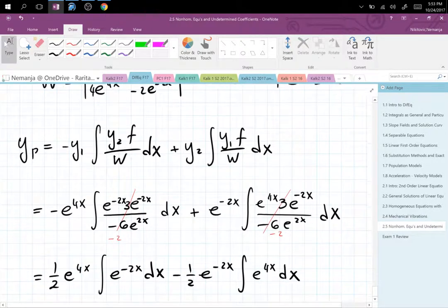All right. So now they all cancel in the second one. I have nothing in the second one because they all canceled. Because 4 minus 2 is 2, and then minus 2 from the denominator, they all die in the second one. And the first one is e to the negative 6.